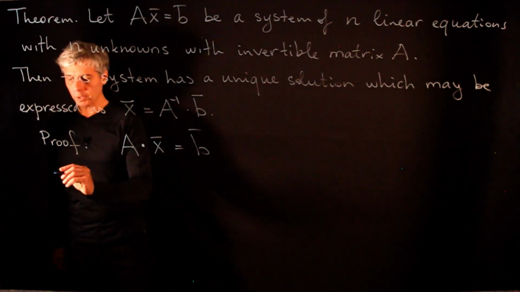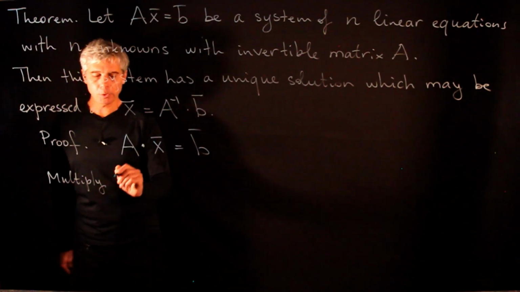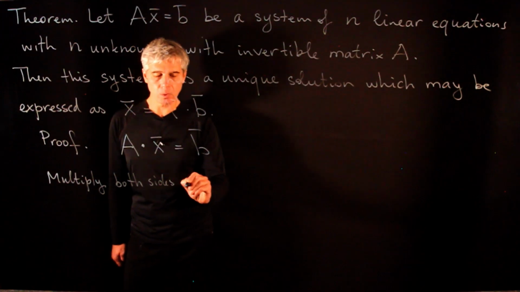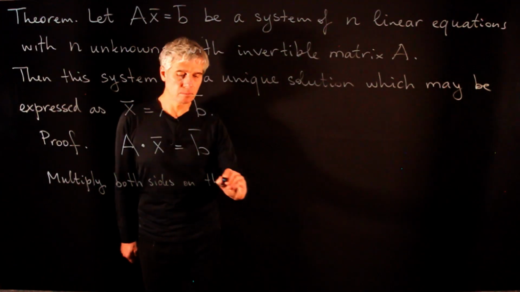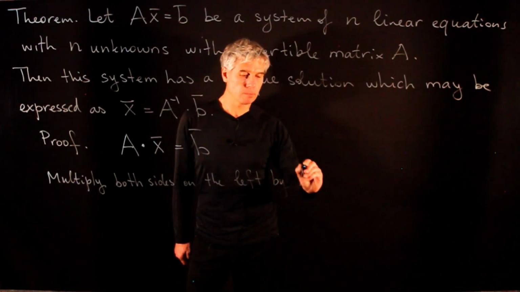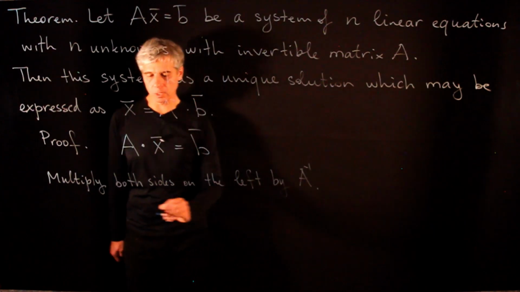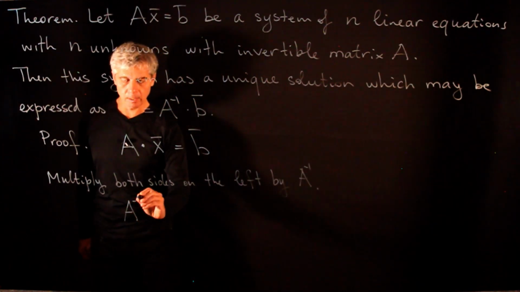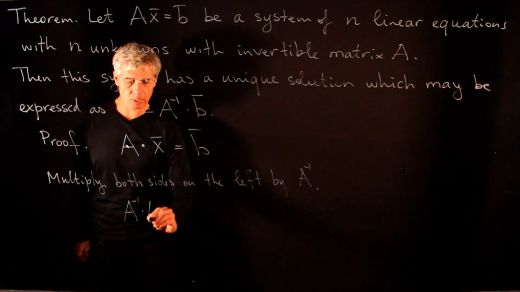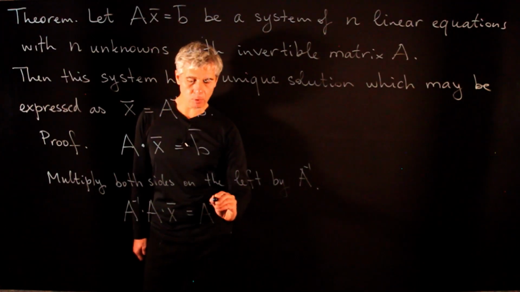And so then what we can do is multiply both sides on the left by A inverse. Since we know that A inverse exists, we can do it. And so now we get a new expression. So if this holds, then A inverse times A times x is equal to A inverse times B.